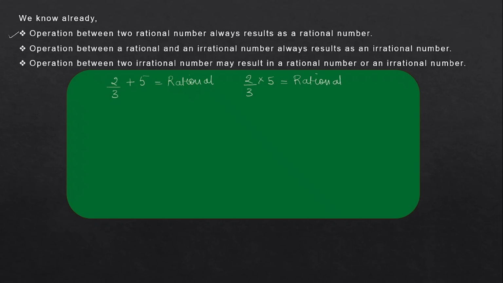Understood? If I have a rational and an irrational number, the result will always be an irrational number. Root 2 divided by 3 is an irrational number.